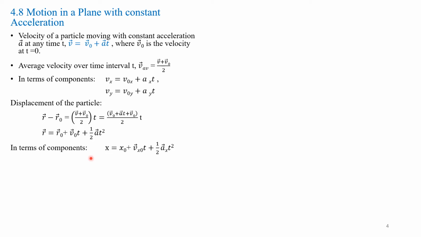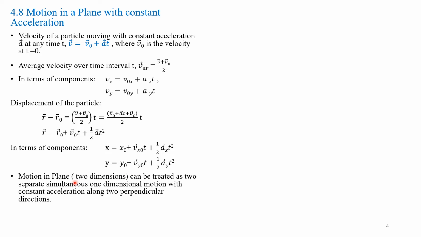In terms of components, the displacement x is equal to x naught plus v x naught t plus half a x t square, and y is equal to y naught plus v y naught t plus half a y t square. That is, we are writing this relationship in terms of x and y components.